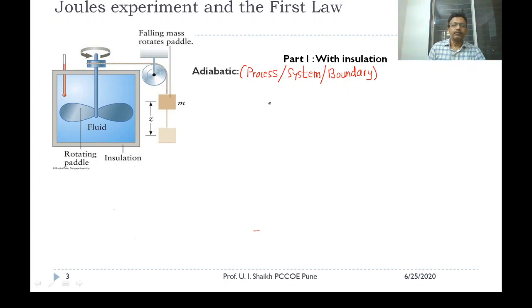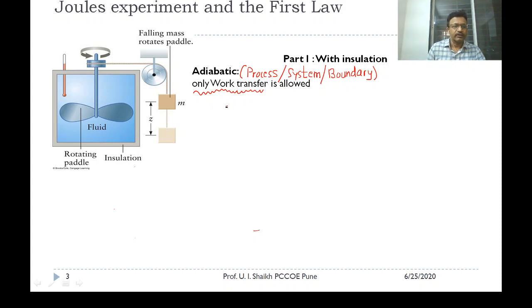That means a process can be called an adiabatic process, or a system can be called an adiabatic system, or a boundary can be called an adiabatic boundary if only work transfer is allowed. So I am defining adiabatic as a term in which only work transfer is allowed.